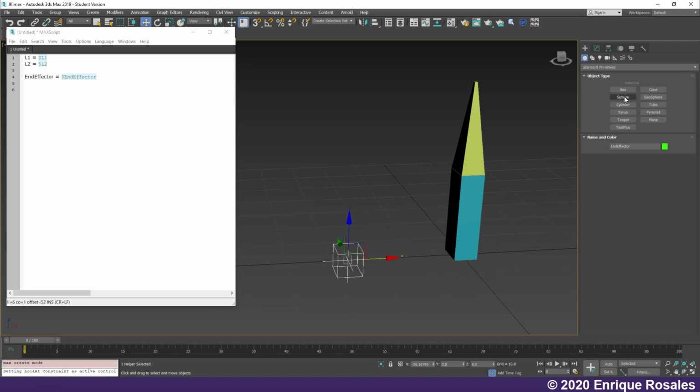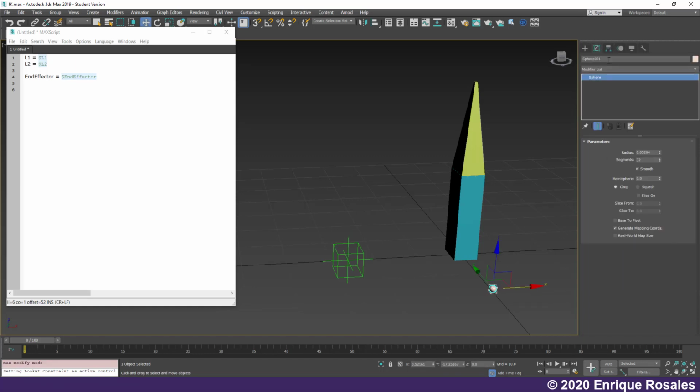I will create just a sphere, quickly, and call it intersection, and I will also create a variable here.